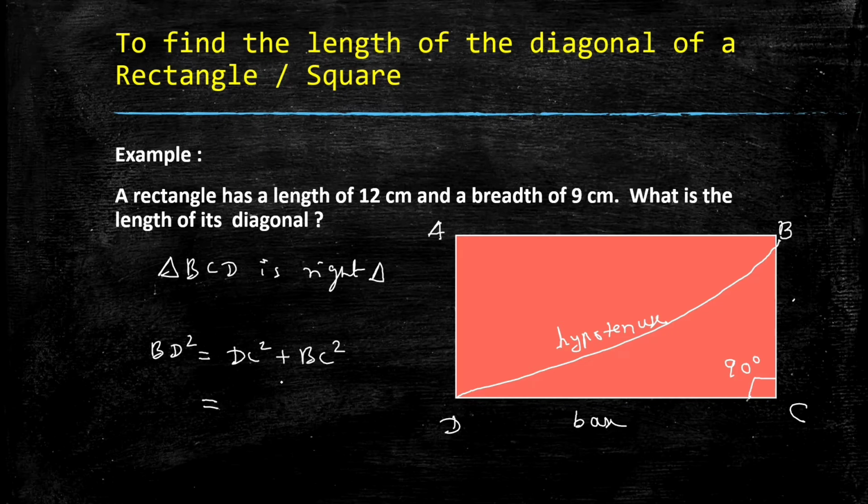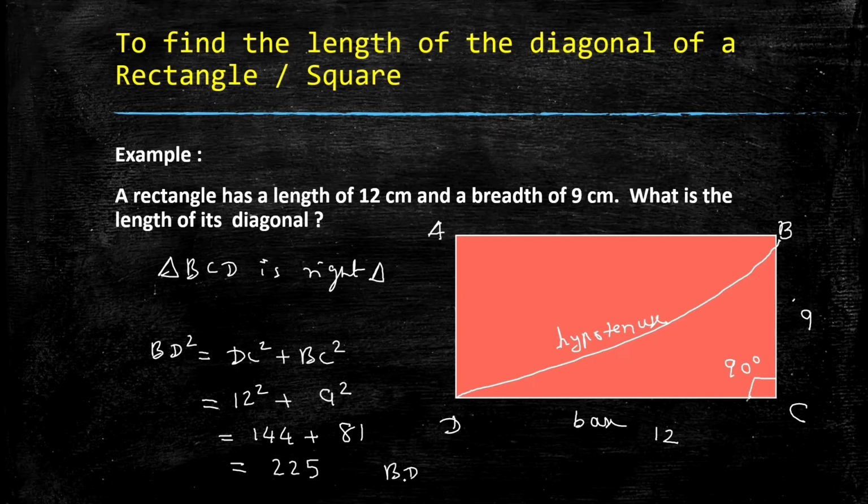So we have it as the length here is given as 12 and the breadth is 9. So I have got 12 square plus 9 square, which is nothing but 144 plus 81, which I get as 225.